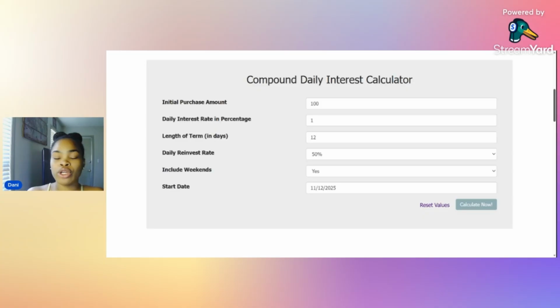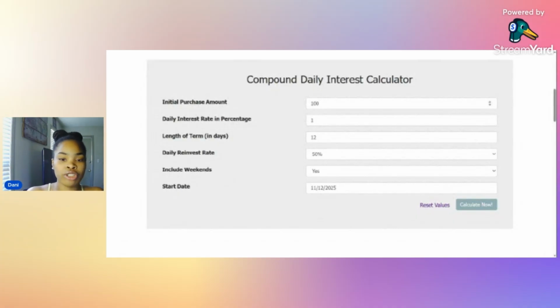Ultimately, your Compound Daily calculator will help you break down how much percentage-wise you are looking to increase your account, in this case your trading account, daily. All right. So this is just the predetermined outline that comes with compounddaily.org when you log on to the website.